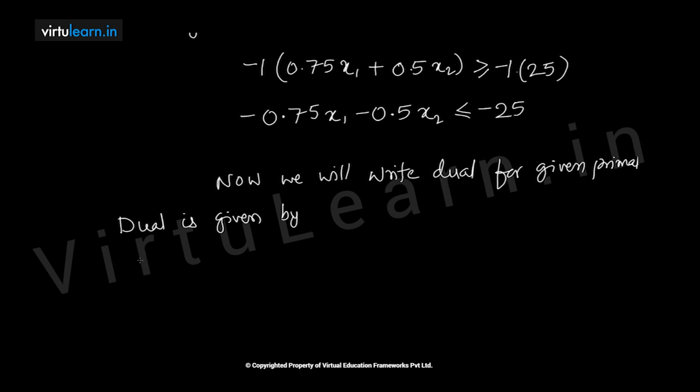So we'll write minimize z of y, where y indicates it is the dual.